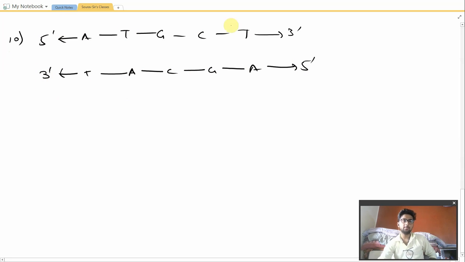So this would be the correct representation of the complementary strand for this single strand. Now in the options you can see that option A is the strand that we have drawn over here. So option A is the correct answer.